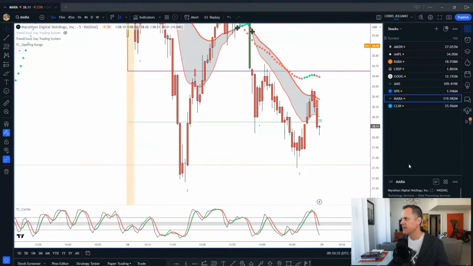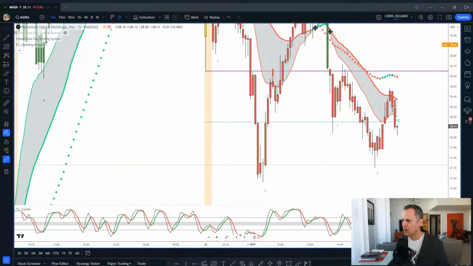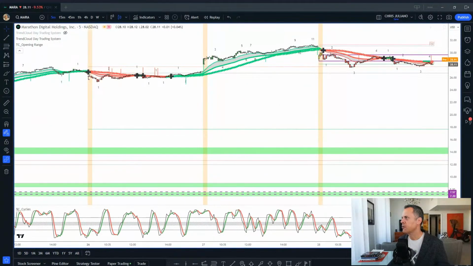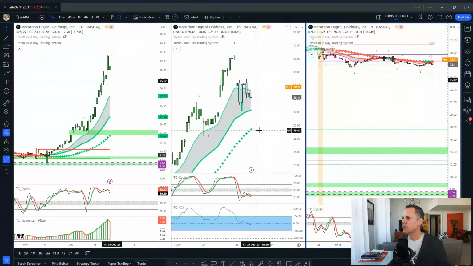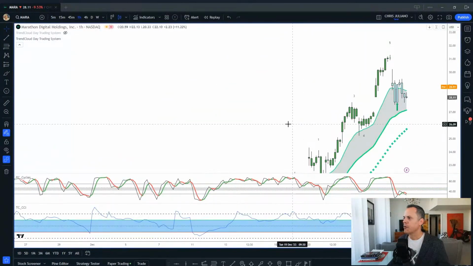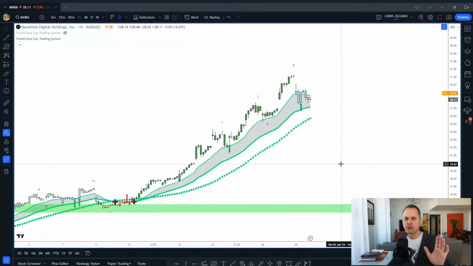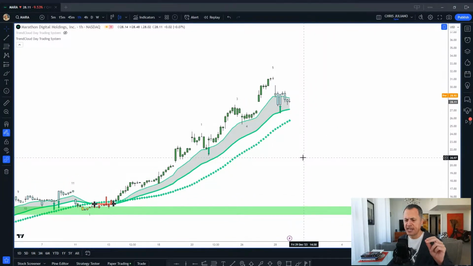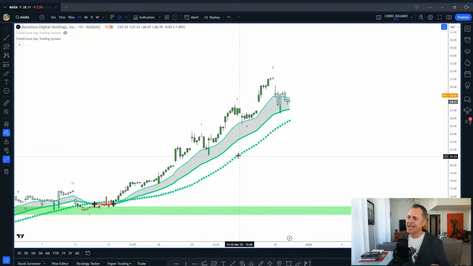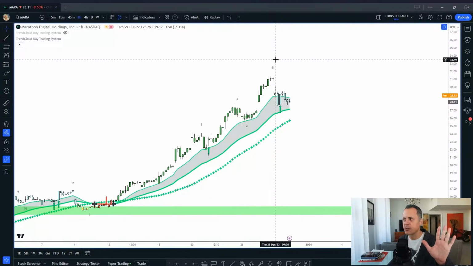Let me expand this and show you right here. So there are 5 waves in an average trend. And Chuck, I don't know if you've heard this, but 5 waves in an average trend, okay? And what I did was I programmed it so that it would count the waves up. So here you go. 1, 2, 3, 4, 5 average wave trend.